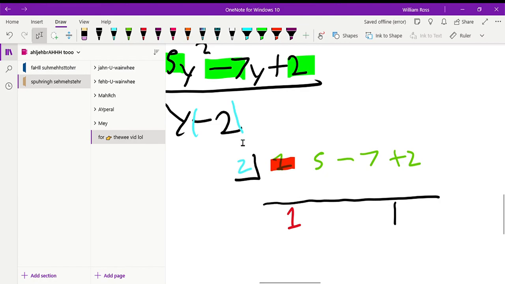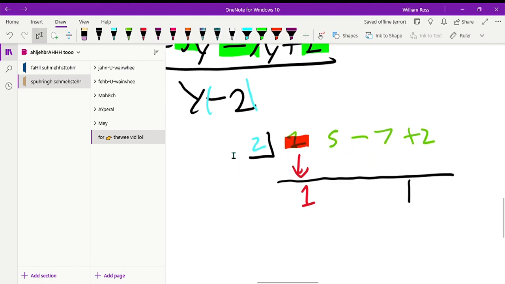Alright. So bring down the first term. Multiply. So that's gonna equal, so 2 times 1 will be 2.